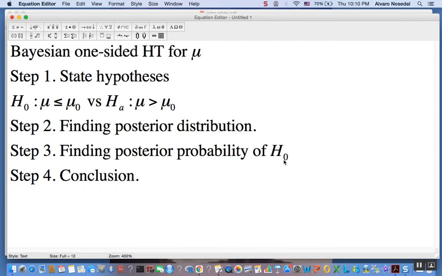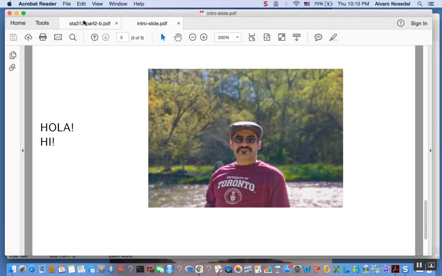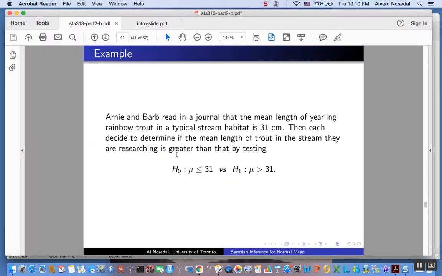How about we talk about an example? Let's try and apply that. Remember that we talked about an example when we discussed the posterior distribution for normal likelihoods.